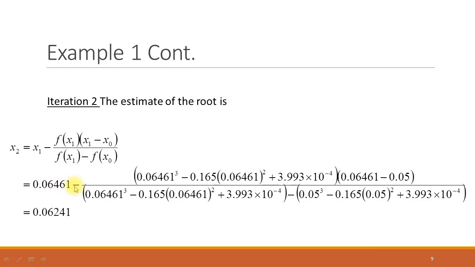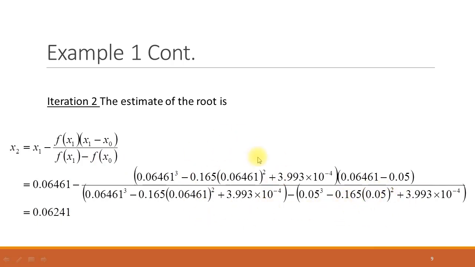So this is the value of x1 minus, now estimate the function at x1, where x1 is 0.06461: 0.06461 whole cube minus 0.165 into 0.06461 whole square plus 3.993 multiplied by 10 raised to the power minus 4, into this is the value of x1 minus this is the value of x0, divided by, now estimate the function at x1, so this is the estimated value of the function at x1 minus this is the value of the function at x0.